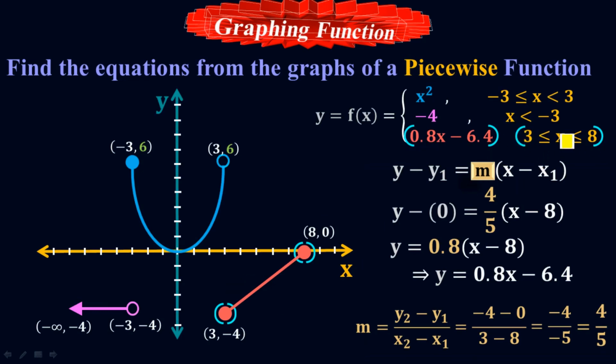The condition says that x is equal to and greater than 3. Equal to 3: 1, 2, 3. But then greater than 3 means that I will go in the right direction, the positive direction, up to 8. Equal to 8 but less than 8. So one border value is 3 and the second value is 8. I start from 3 here and then end at 8. I cannot go beyond 3 and 8.